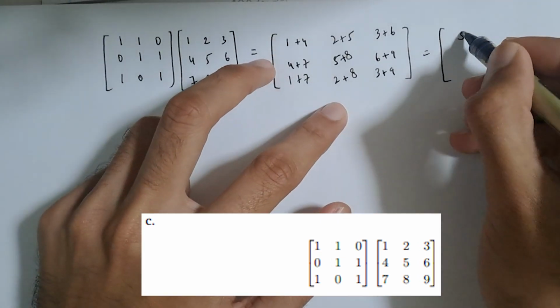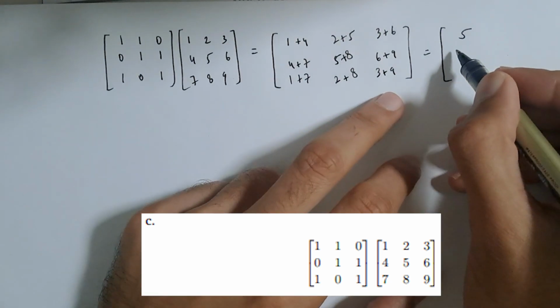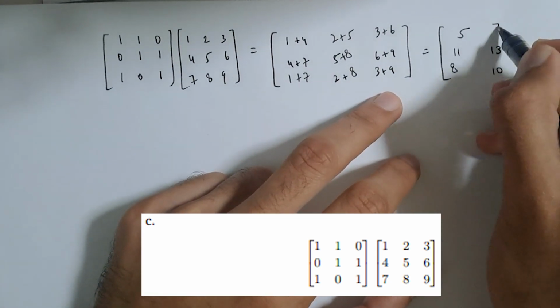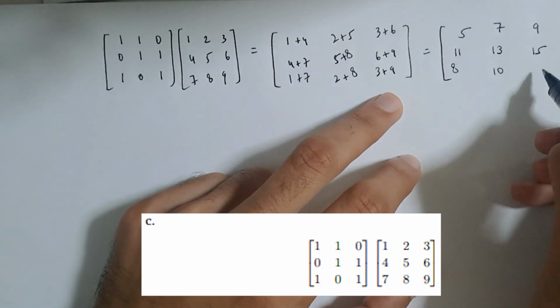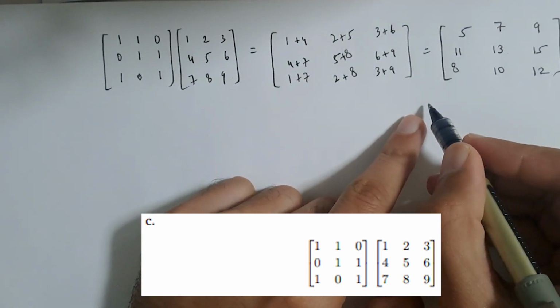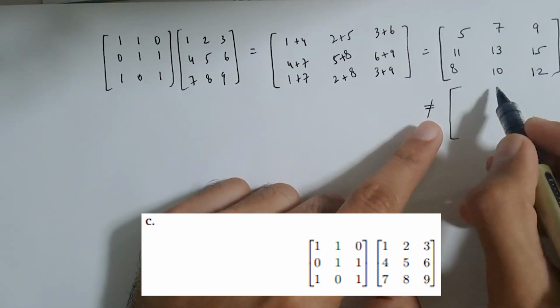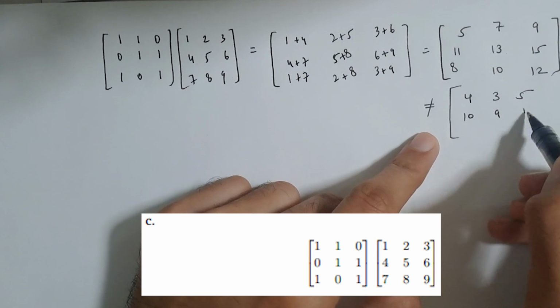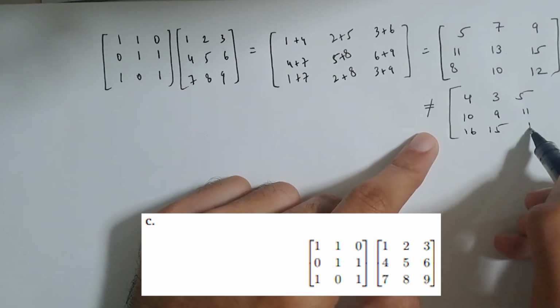Which when we simplify looks like 5 here, and 11, 8, 13, 10, 7, 9, 15, 12. This is not equal to what we had earlier, which was 4, 3, 5, 10, 9, 11, 16, 15, 17.